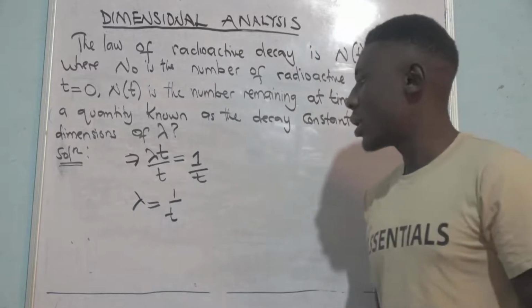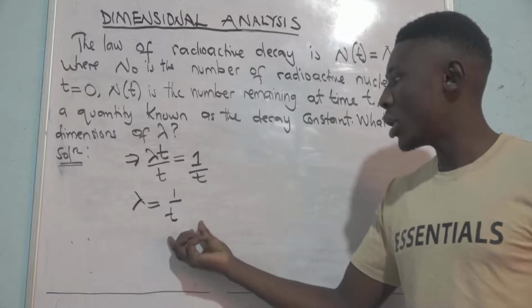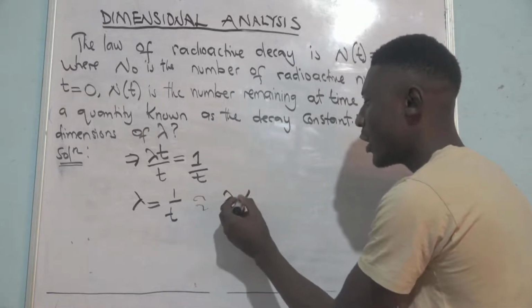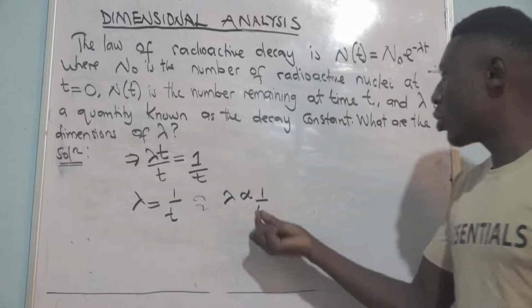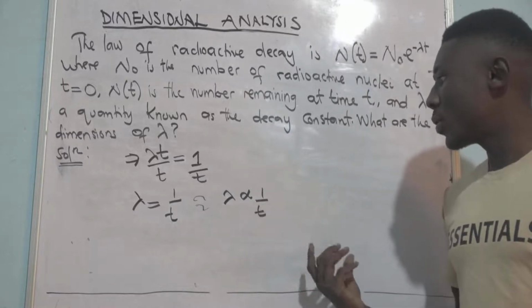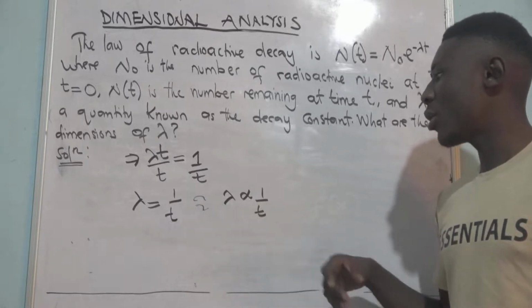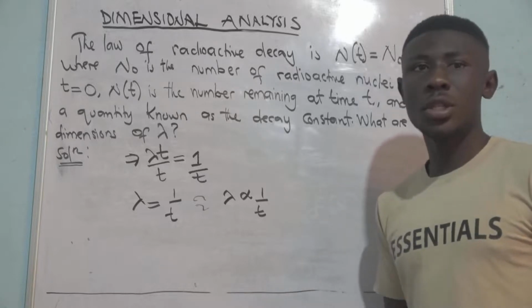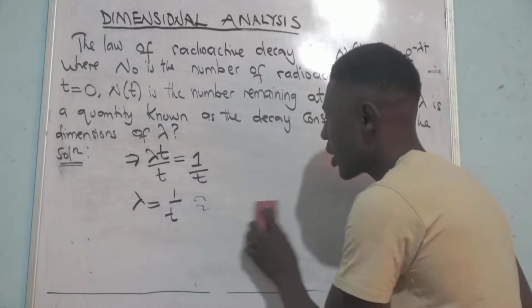This means that lambda is inversely proportional to t. The reason we are not choosing the proportionality is that when we replace it with an equal sign, the constant still has no dimensions, so this is not necessary.